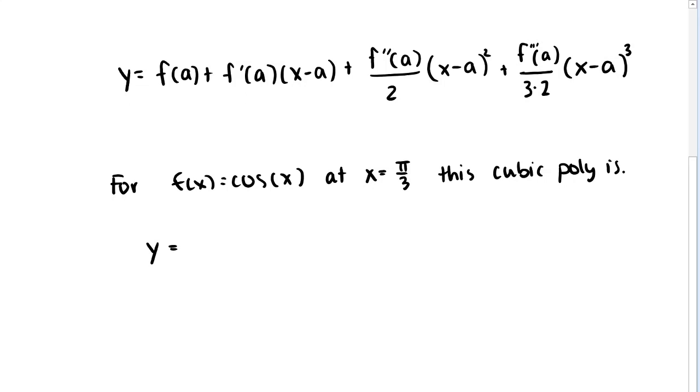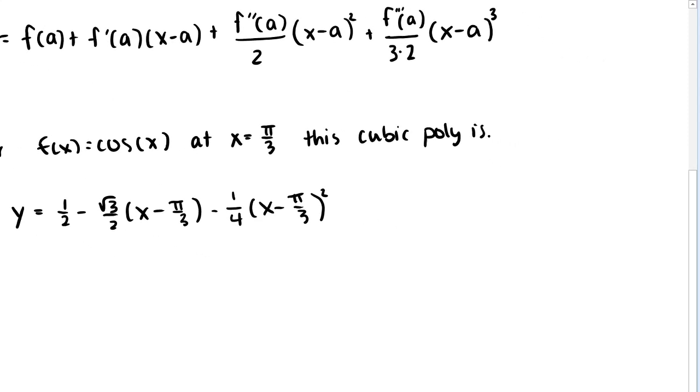We said that we've got 1/2, the original y value, take away the square root of 3 over 2, so this was the first derivative, times x minus, well, in this case, a is pi over 3, so pi over 3. Then take away the second derivative, negative 1/2. This is then divided by 2, so this is negative 1/4 times x minus pi over 3 squared. And now we need to add on the third derivative divided by 3 times 2, so divided by 6 times x minus pi over 3 cubed.